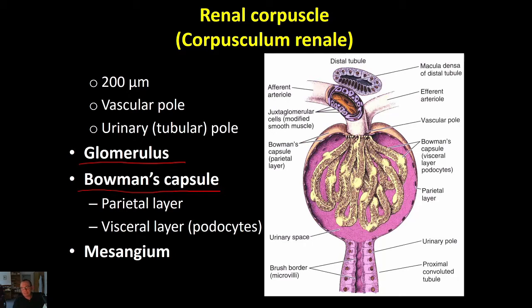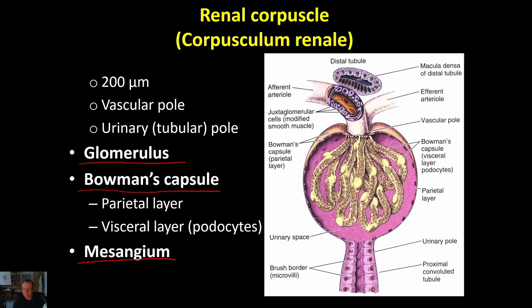There is some amount of tissue filling free spaces, and this is called mesangium or mesangial tissue. So it has vascular component, tubular component, and interstitial component, similarly as has the whole kidney.